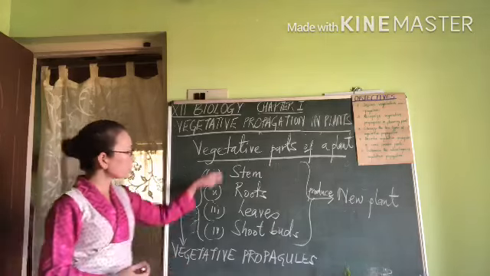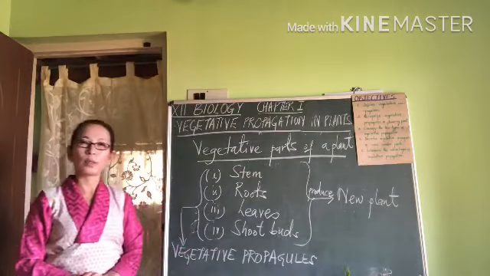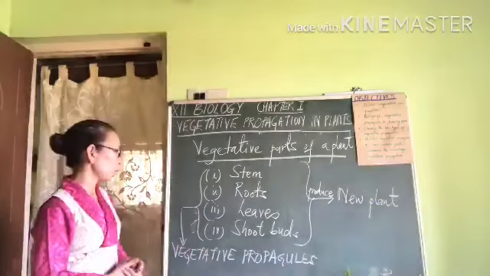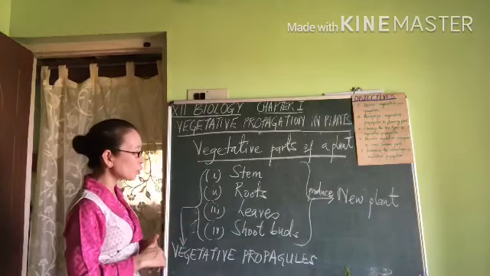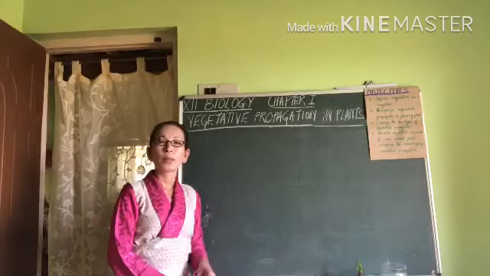And such structures are collectively known as vegetative propagules. So what could be some of the vegetative propagules of a plant? Vegetative propagules can be a stem, or the roots, or the leaves, or certain shoot buds.